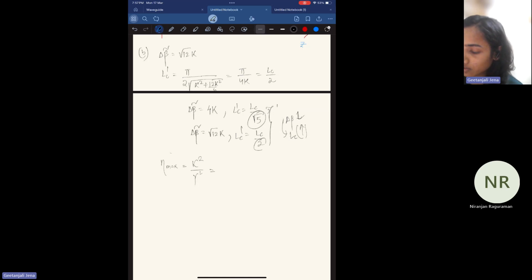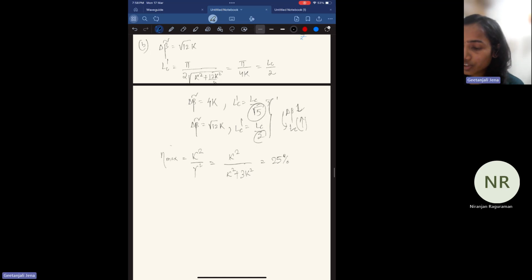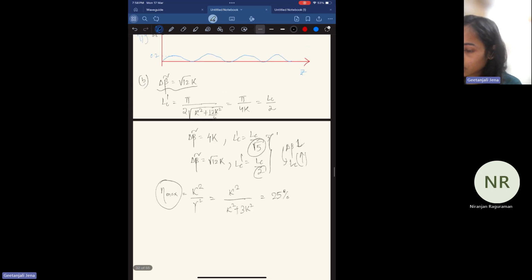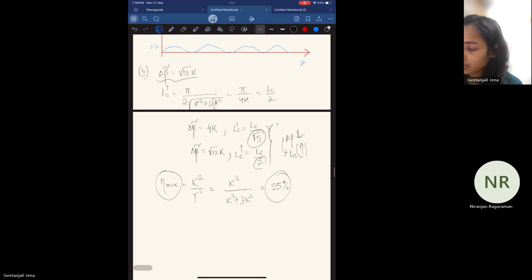So this will come around kappa square plus delta beta square by 4, which is 3k square. So you can see eta maximum is increasing when you are decreasing delta beta. So when you are decreasing the phase mismatch, the eta max is increasing. 20% to it is coming around 25 now.